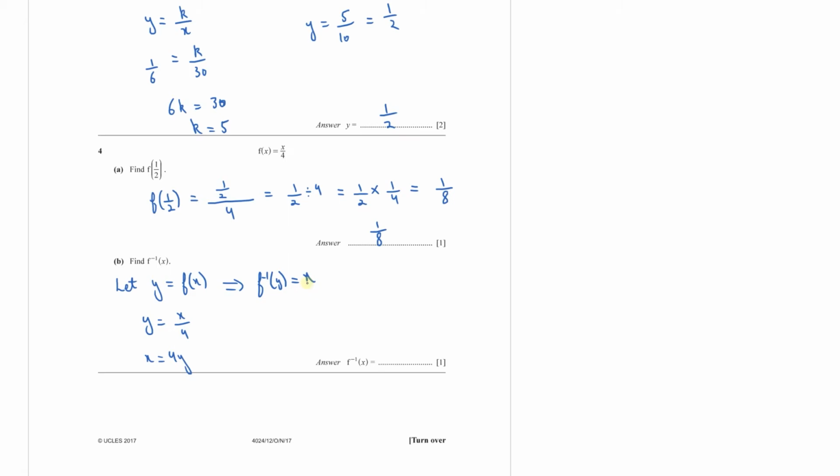And I know that x is f inverse of y, so f inverse of y equals 4y. Since f inverse of y is 4y, I can simply write f inverse of x by substituting y with x, so 4x. So f inverse of x is 4x.